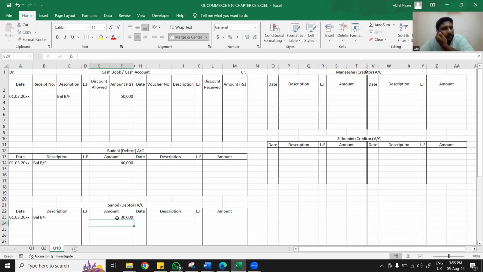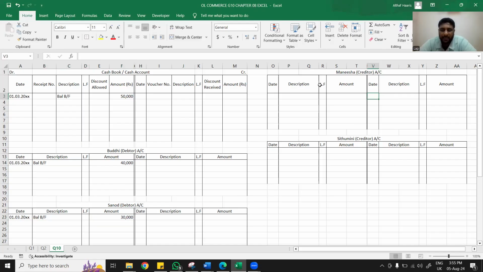So debtors' opening balances will be there in the debit side. Now we'll write the credit opening balances.